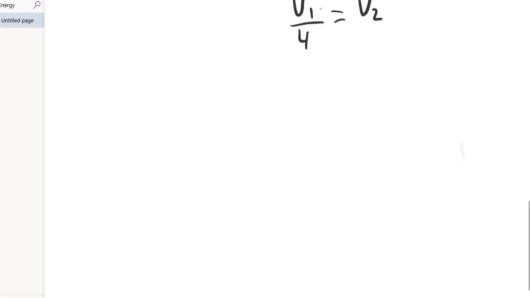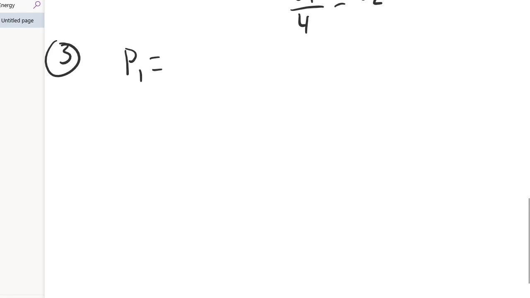Let's take a look at question number 3. If the volume of a gas doubles, what happens to its pressure? Now, hopefully you watched the last problem and you understand how this works. Let's start again. We don't have any values. We're going to say P1 equals P1 and V1 equals V1.